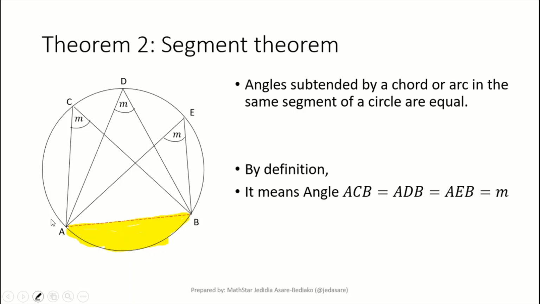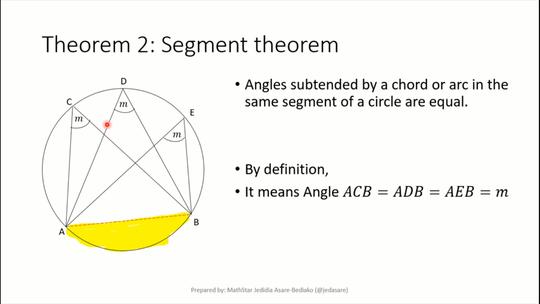So now I have this part of the segment shaded in yellow. Now we have two segments. We have the minor segment shaded in yellow here. Remember we talked about segments in our previous lesson. And then the unshaded part, the white area here, is the major segment.